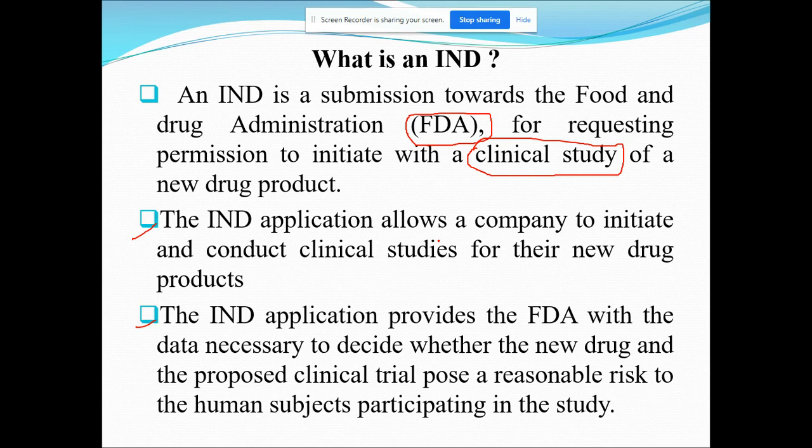And here, if you want a permission to start up with the clinical studies of your new drug, लक्षात घ्या, NDA मध्ये permission for marketing of the new drug product आणि IND मध्ये permission to start up with the clinical studies of the new drug product, then in that condition we have to apply to the FDA, we have to request the FDA for that permission, and it is accomplished with the help of the form or the application which is named the IND application, investigational new drug application.